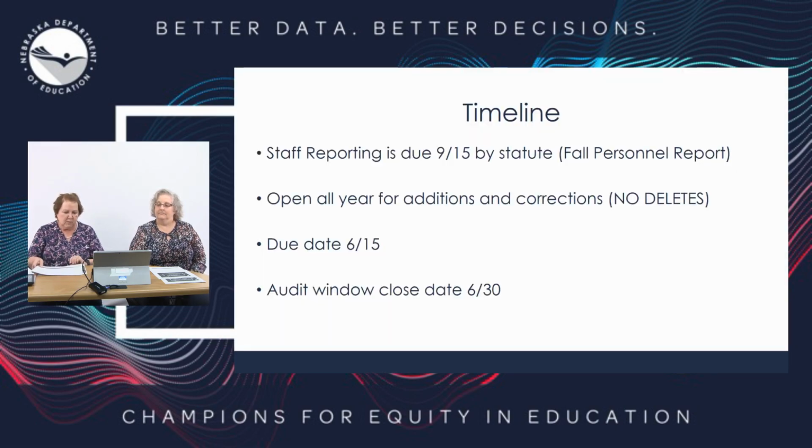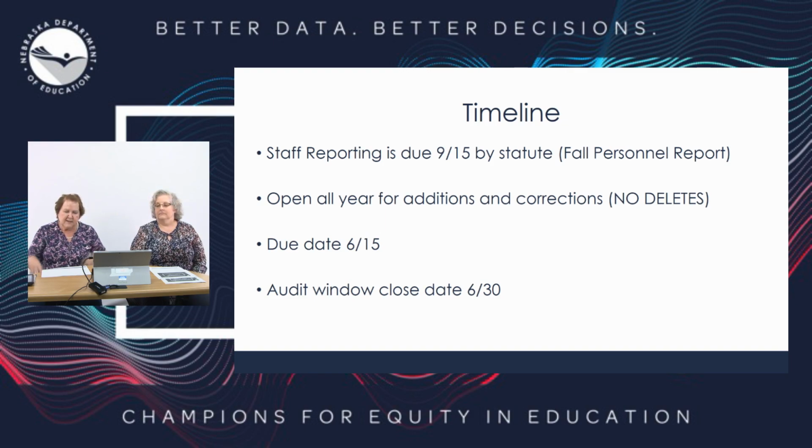Most of you will know that we've been doing staff reporting for a number of years. In fact, it's probably one of the oldest data collections in the Department of Education. The data is due by September 15th by statute, but we do allow the data to be submitted by October 15th with an audit window through October 31st.